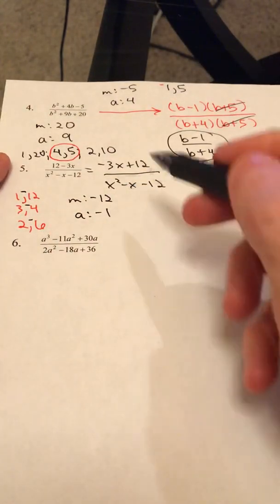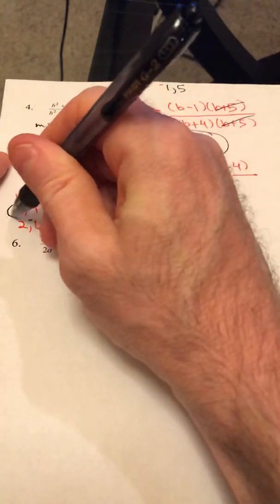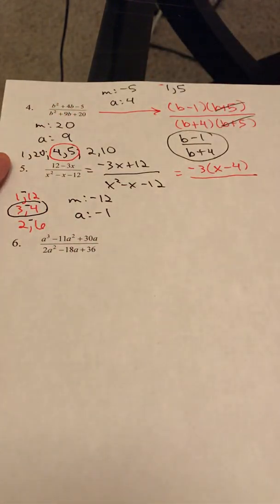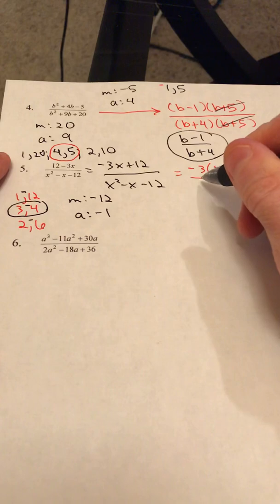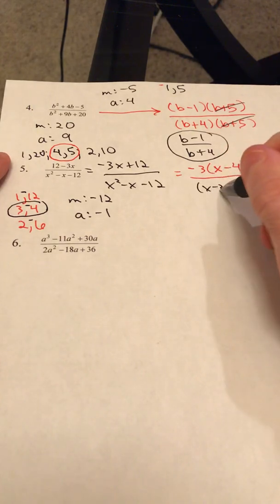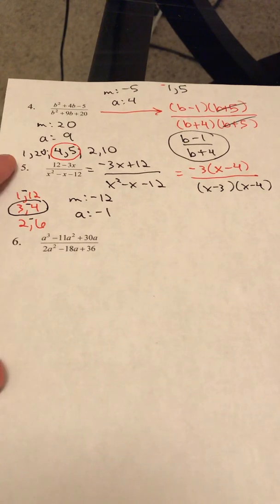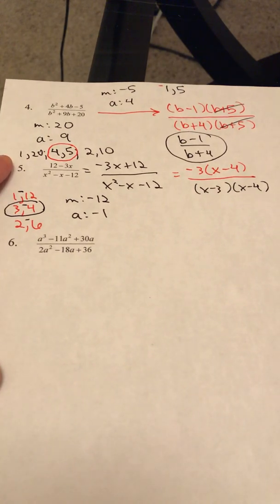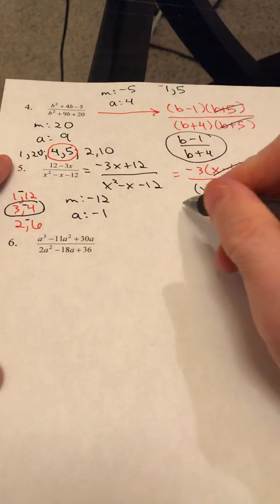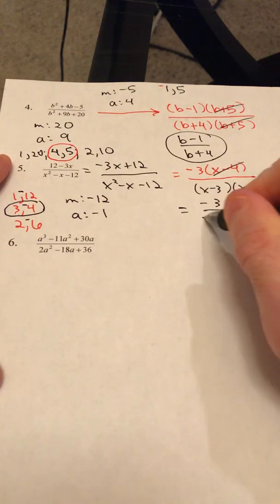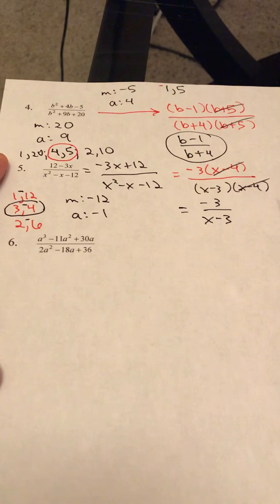So the combination that gives us -1 is 3 and -4. So our factors are x plus 3 and x minus 4. So as far as what cancels, the x minus 4s. And that leaves -3 over x plus 3.